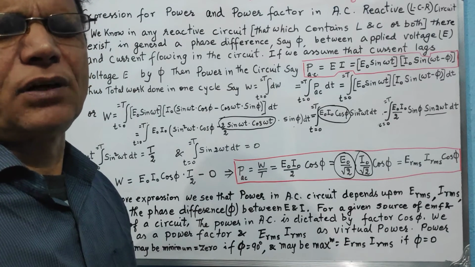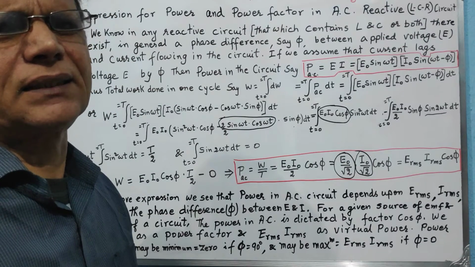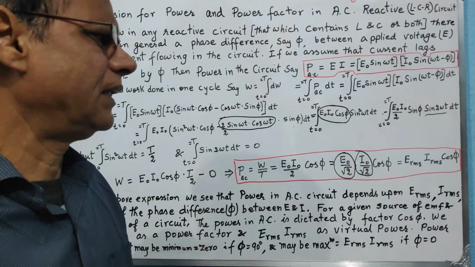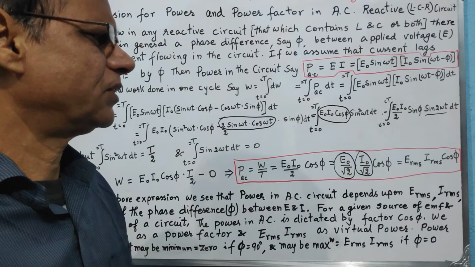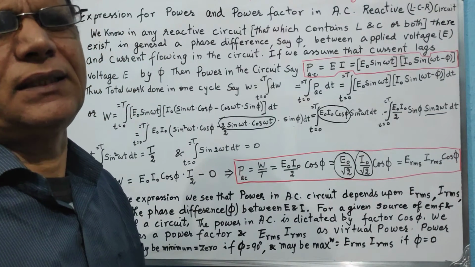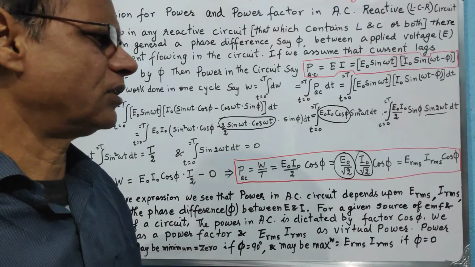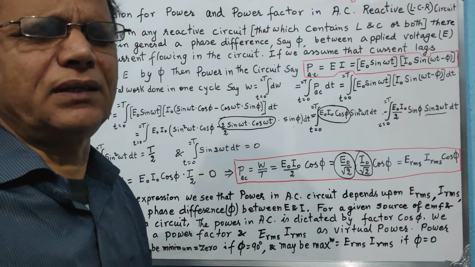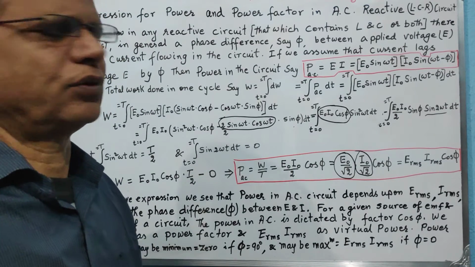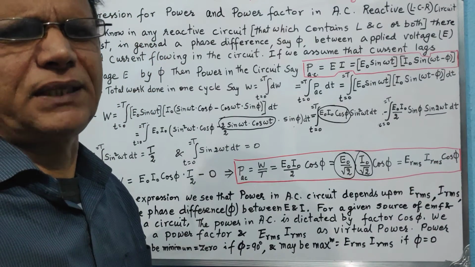But practically we don't have wattless currents in the true sense, because however small it may be, the phase difference is never completely 90 degrees. It is slightly less than 90 degrees, because any circuit will essentially have some resistance in it, and therefore phi is never completely 90 degrees.